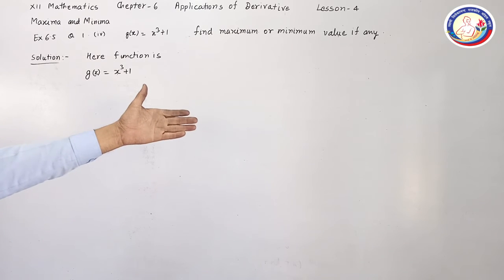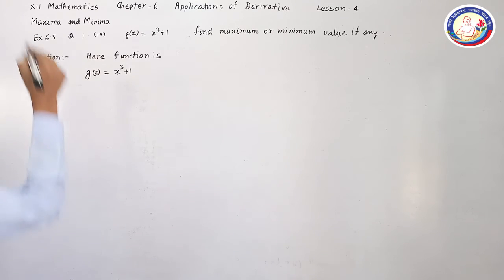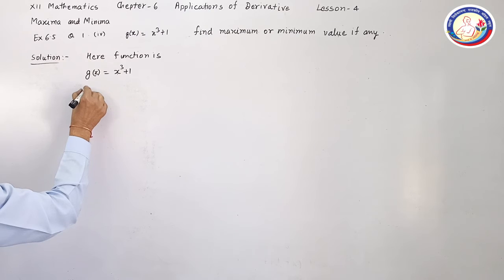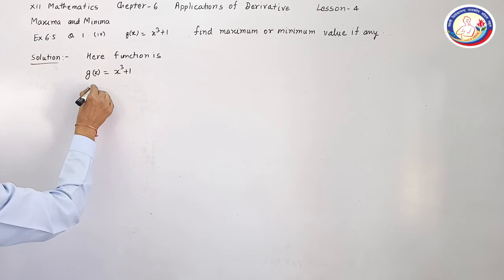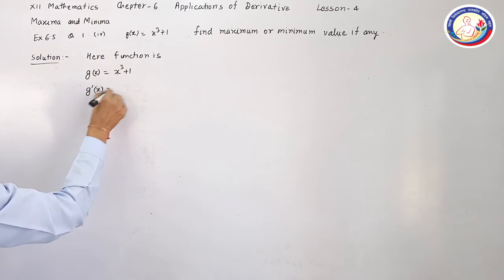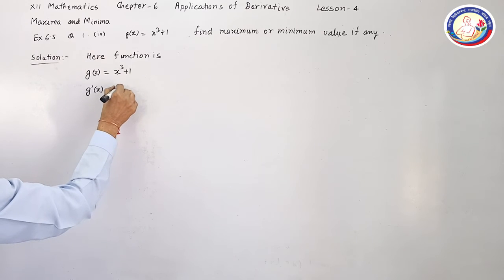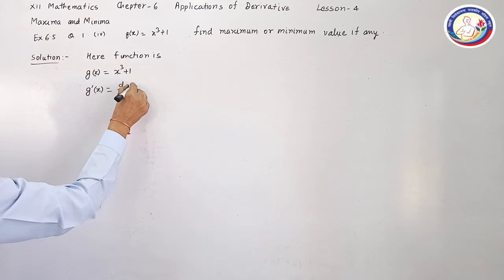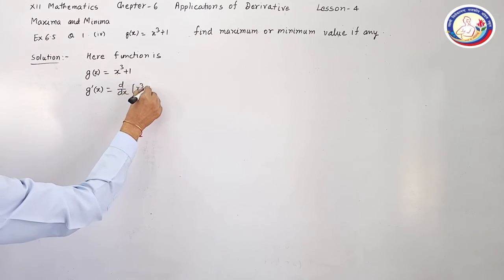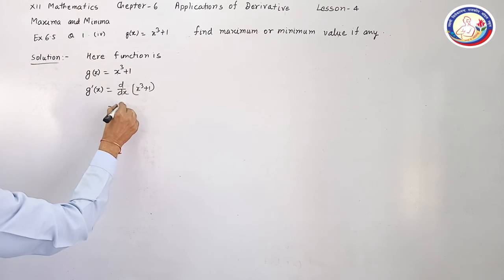I am using second derivative method. Find derivative of this function g with respect to x. We will call it g prime x, and it will be derivative of x cube plus 1, and it will be 3x square.